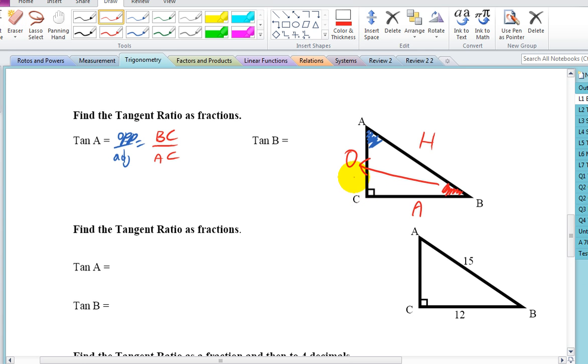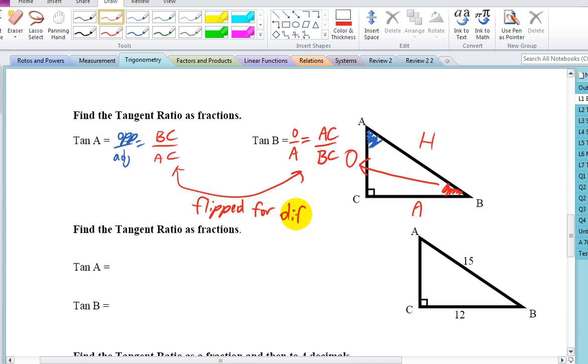So for tan B, it's still O over A, but the opposite side is AC over BC. Notice how the fraction is flipped. So it's flipped for different angles. That's a good thing to notice with the tangent ratio.